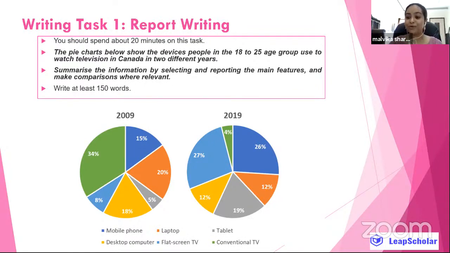Now let's move on to writing it. Before that, I'm giving you 2-3 minutes to just go through this, and then I'll move on to the next slide. Take your time, try to understand the visual data. Try to understand these pie charts, guys.